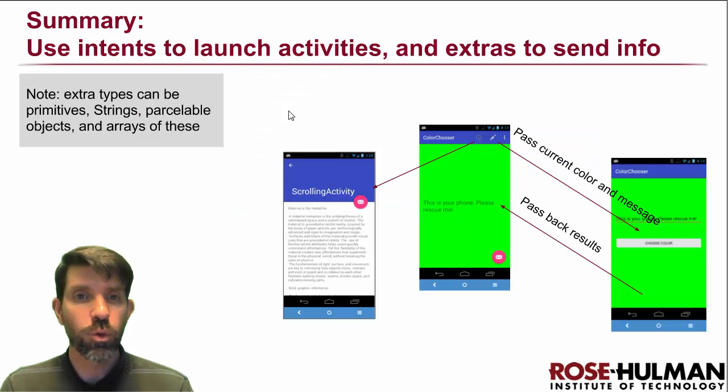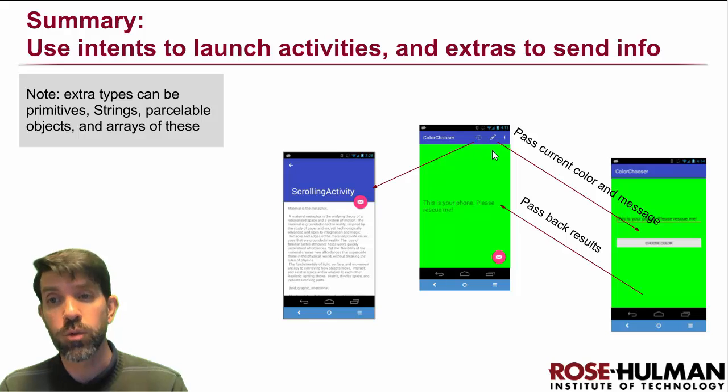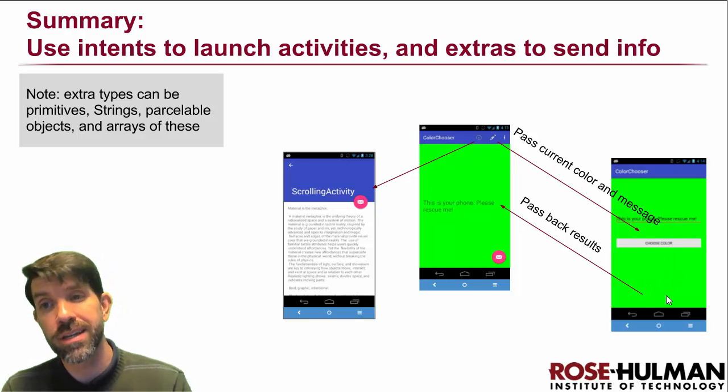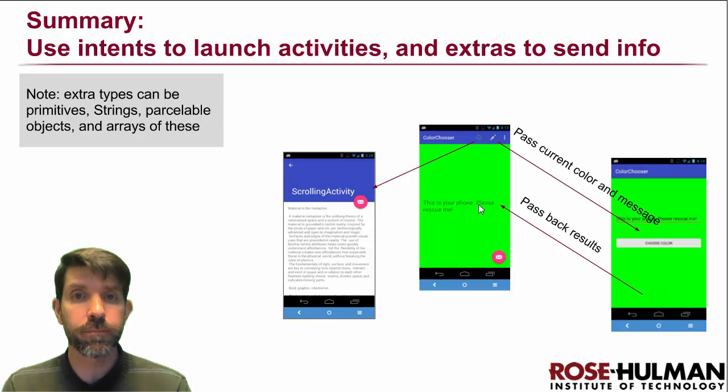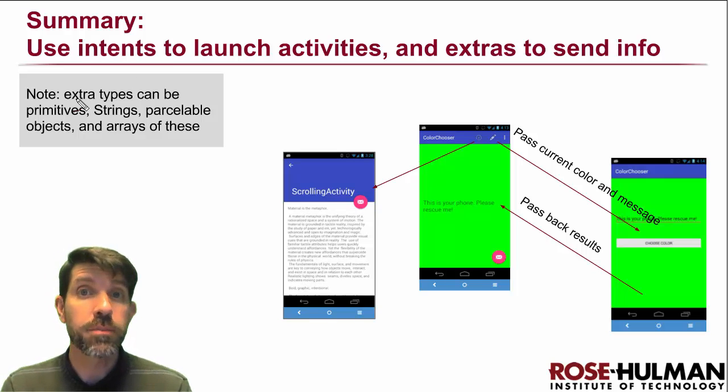To summarize what we have so far, we're using intents to launch activities, and we're using extras to send information. We saw two examples of using extras. One was passing it when we launched the activity, and the other was using extras on an intent to pass back results. While we only looked at a string and an int as examples, there are many different types you can have.